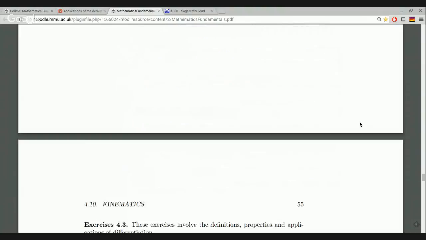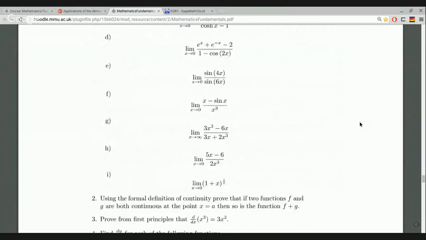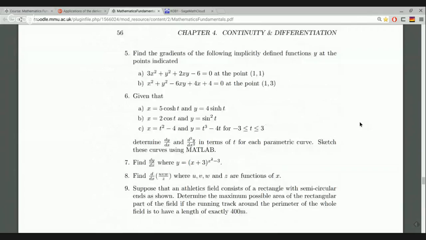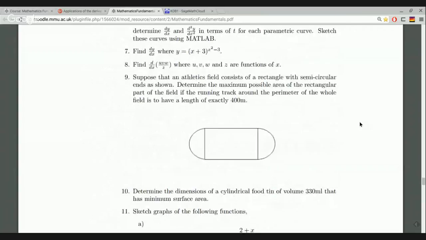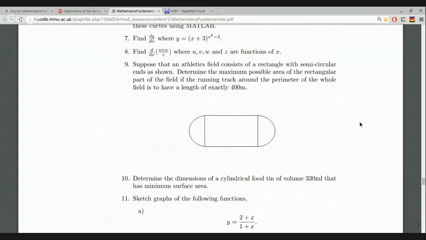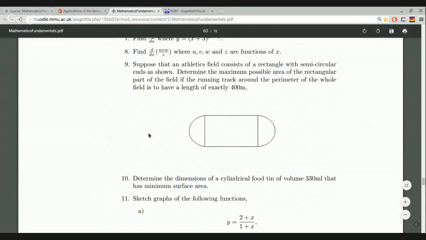So you see in the end of chapter exercises, there's loads of these exercises. This one, question 9, the first optimization one there, I kind of like this question. It's talking about an athletics field. Roughly, you've got some central rectangular field, and you've got curved ends, with a curved running track around the field.